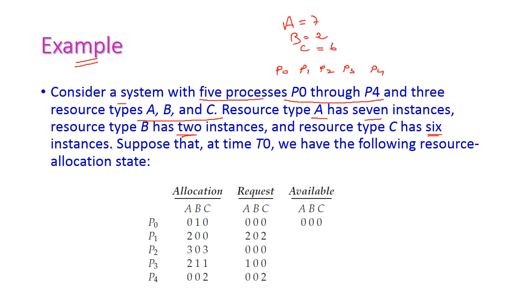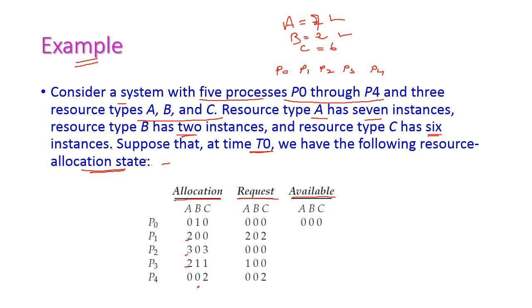Suppose that at time 0 we have the following resource allocation state of all the processes. This is the allocation, this is the request and this is available. We have 7 instances of A: 2 plus 2 equals 4, plus 3 equals 7. For B, only 2 instances are there.